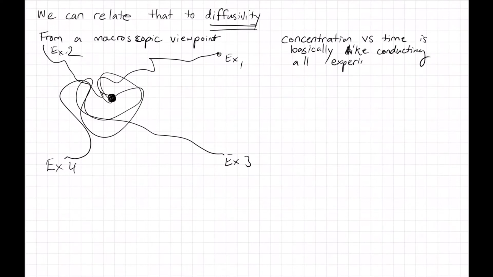Rather than talking about millions of different experiments, we'll just talk about on average how far they spread out, and we'll keep track of that via the concentration. So if I take the same number of particles and spread them out a lot, then later I'll have a lower concentration.